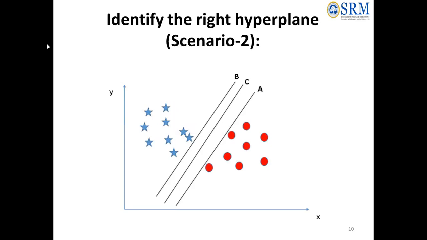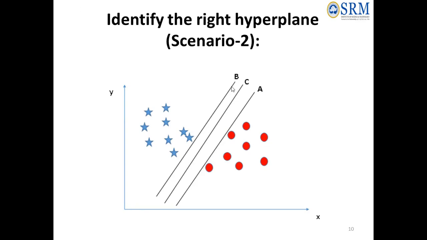And next, scenario 2. Here we have hyperplanes A, B, C. A has separated blue and red separately.